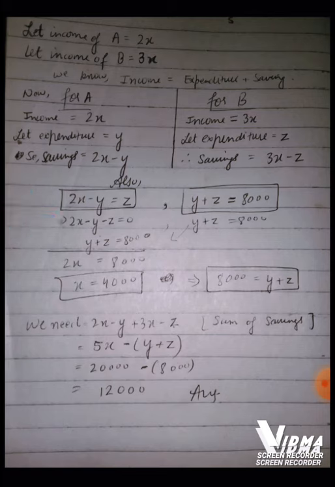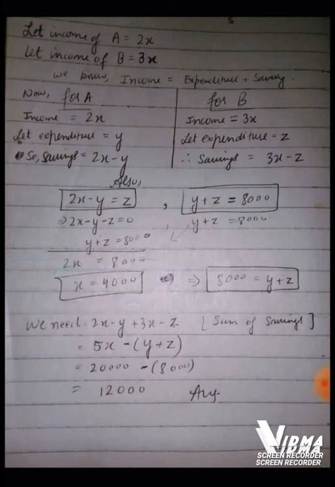Next, I have brought this equation here and solved both these equations, right? And when solving, my y's and z's get cancelled and I'm only left with 2x equal to 8,000, right? Which implies x equals 4,000. So I have obtained x.